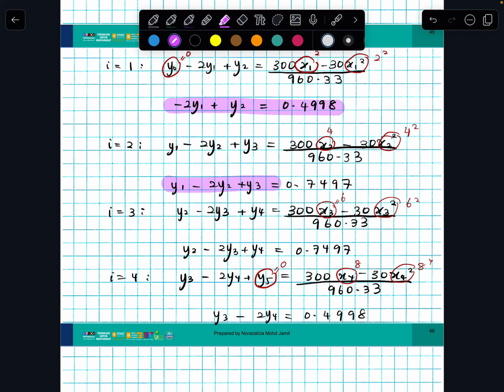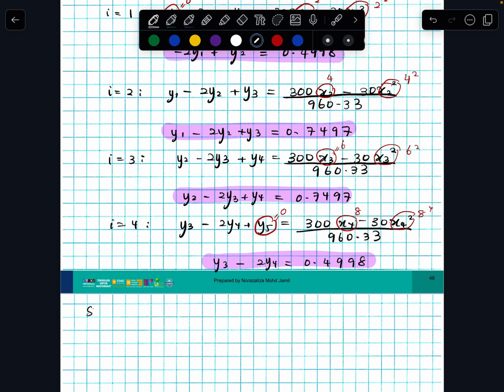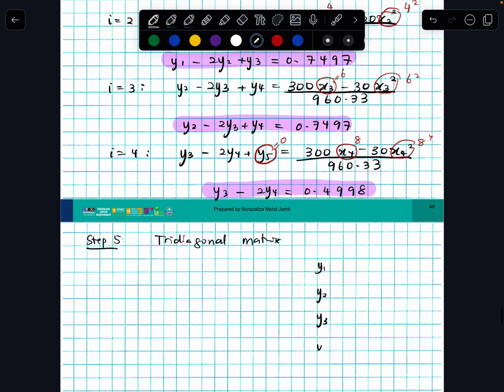Now from this iteration, you want to construct the matrix, in step 5. It is a tri-diagonal matrix. Now your unknowns are y1, y2, y3, y4. On the right hand side, I will fill the right hand side first.